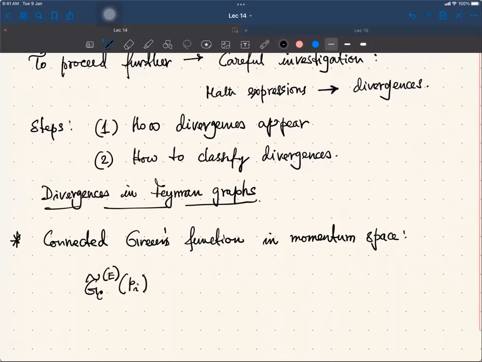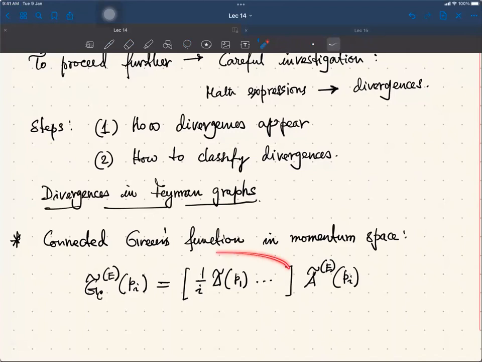It's a function of all the p_i's. The p_i's are the external momenta that are coming into the diagram. And then it has a form of, for each such external line, we have a propagator delta tilde p1 and so on. And then we have the amputated part. This is the amputated graph. When you remove the external lines, I have removed the external lines, I've kept them separately. And so this is how the structure looks like.